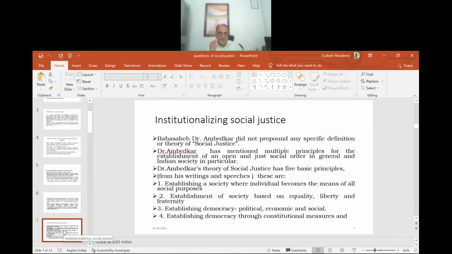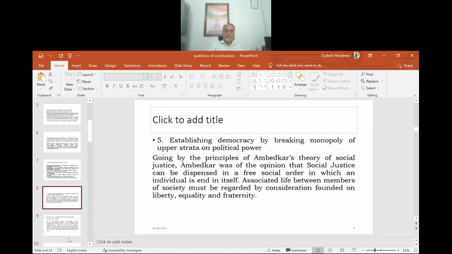Establishment of a society based on equality, liberty, and fraternity. The preamble. Establishing democracy, which is political, economic, and social. A democratic polity. An economic democracy. A social democracy. Establishing democracy through constitutional measures. Most important, establishing democracy by breaking the control of the upper strata on political power.